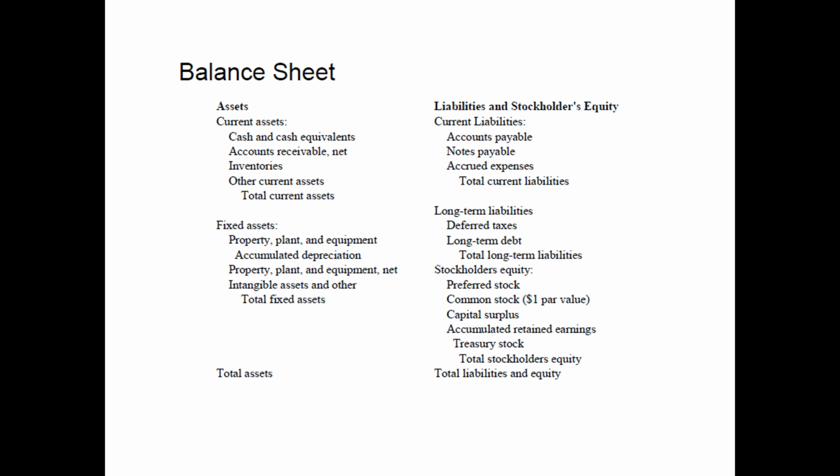So, companies tell stories about how they do what they do, and they do that through several different sets of metrics and reports. And one of the reports is simply called a balance sheet. It's just a picture at a point in time.